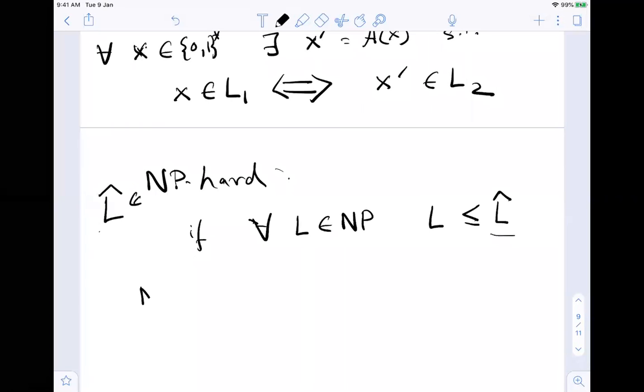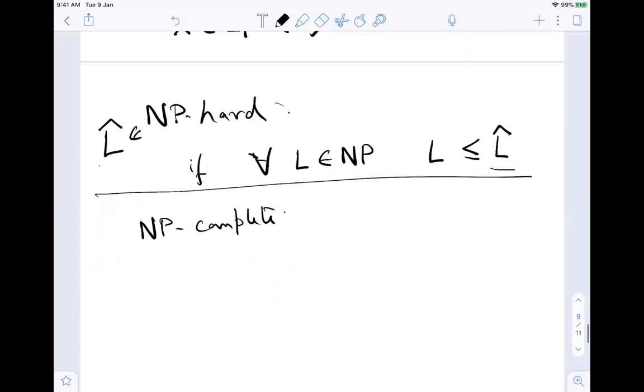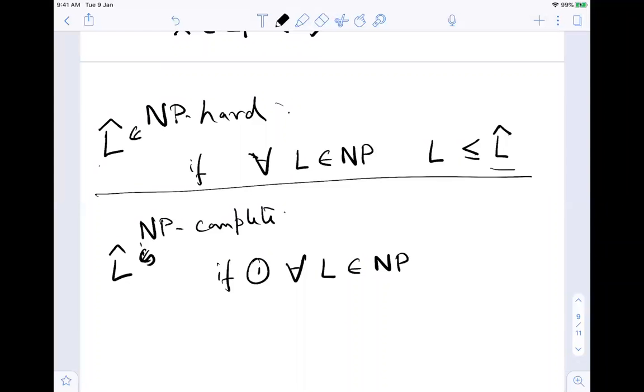And what is NP complete? It is just a slight difference. NP complete is exactly the same thing. We say that L hat is NP complete if two things are satisfied. First, exactly what is written there: for all L in NP, L is less than or equal to L hat.